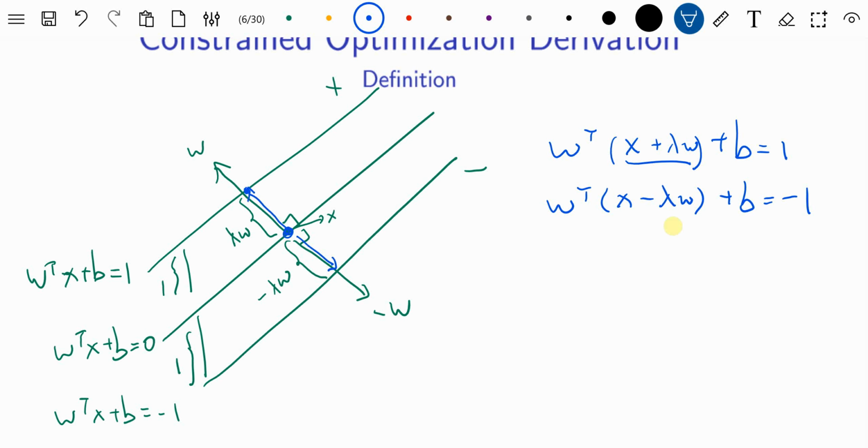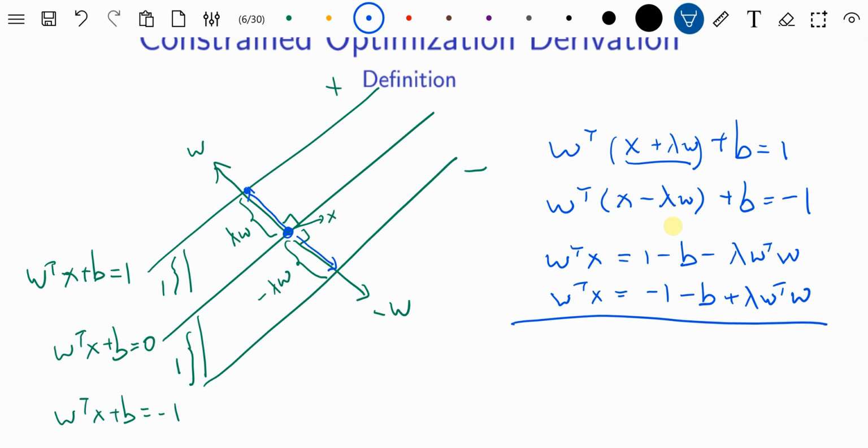So we can combine these two somehow after we simplify them. So W transpose X, and move everything to the other side, is 1 minus B minus lambda W transpose W. And this same thing is also equal to minus 1 minus B plus W transpose W times lambda.